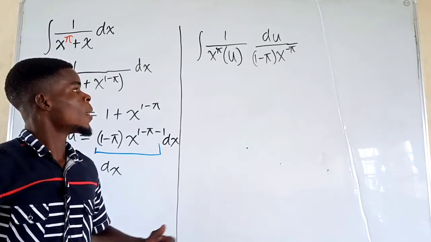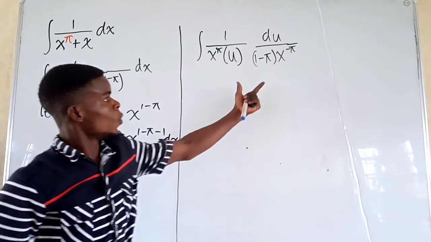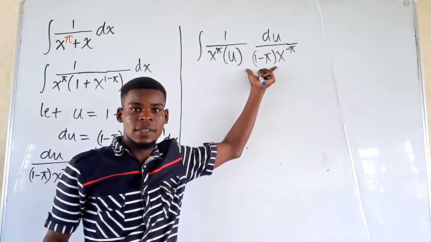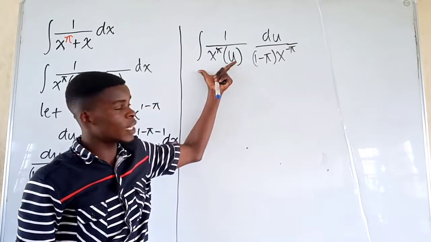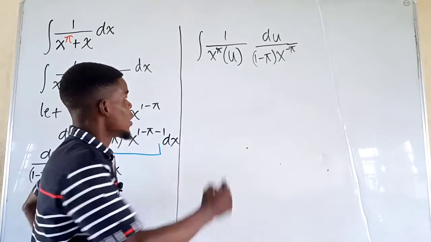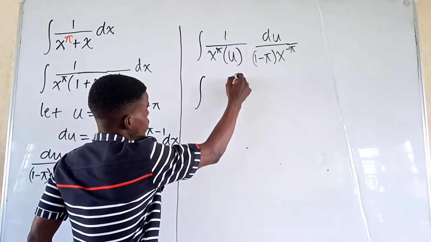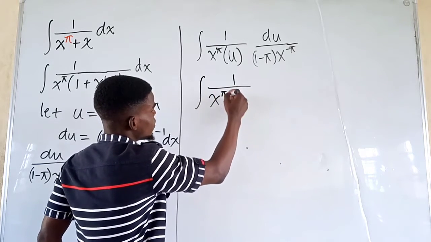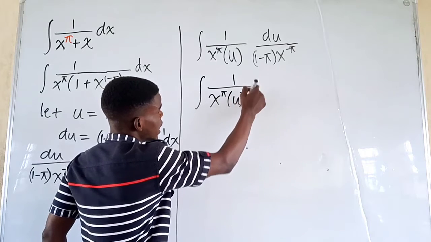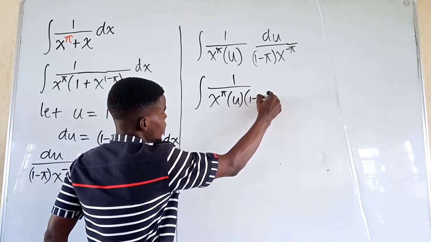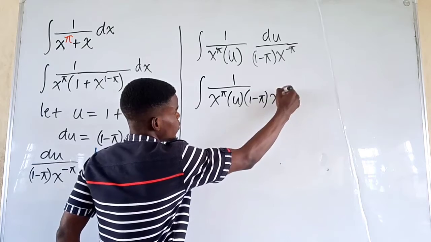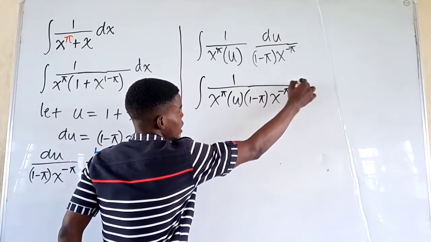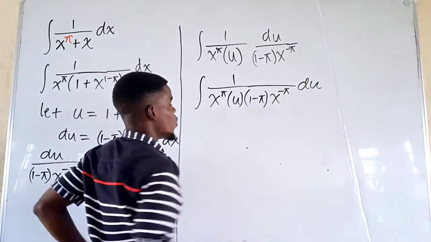Well, we see that 1 minus pi is just a constant, and it's been multiplied with everything in the denominator. Maybe I just rewrite this integrand, and we're going to see that it's 1 divided by x to the power of pi times u times 1 minus pi times x raised to the power of negative pi, and I will just put down the du over here.